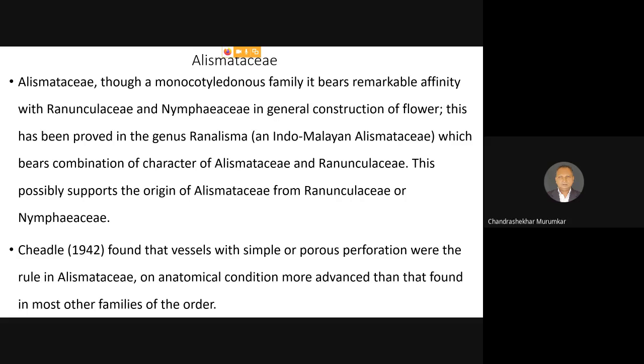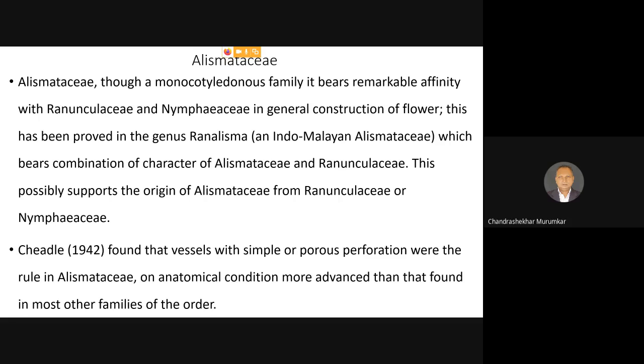So even though Alismataceae and Ranunculaceae are discussed together, they have several parallel characters. These show a sort of progressive evolution, and it is now accepted that Ranunculaceae might have given rise to Alismataceae in the course of evolution, and this origin might have taken place almost 100 to 155 million years back, somewhere in the early Cretaceous period.